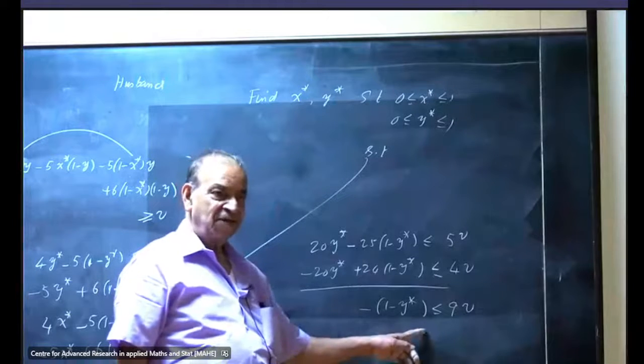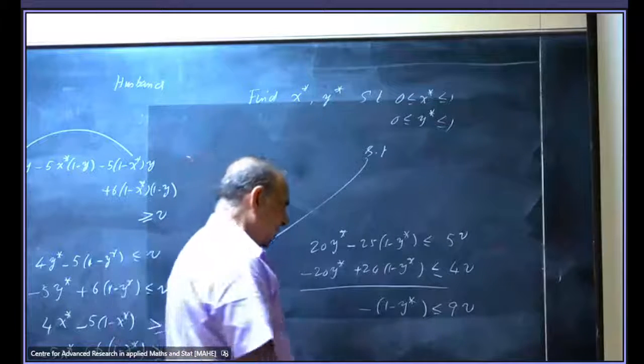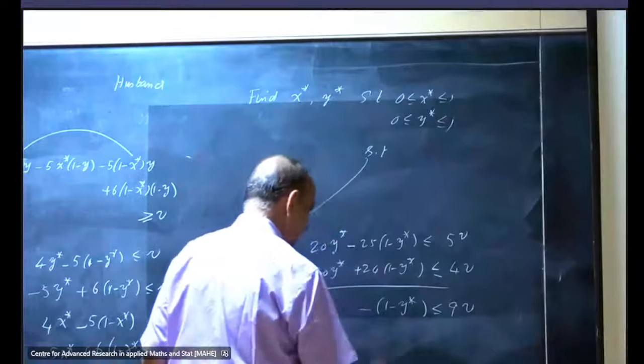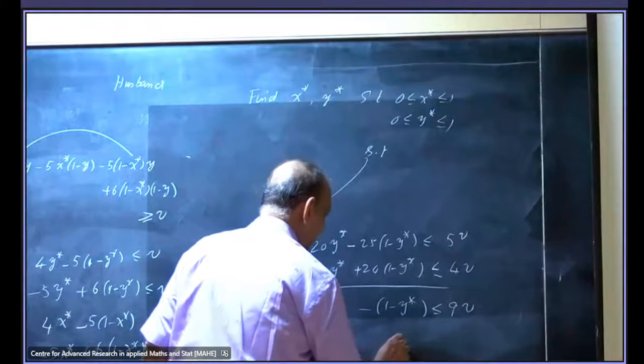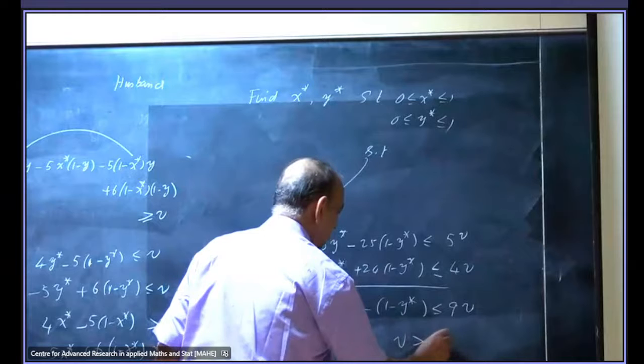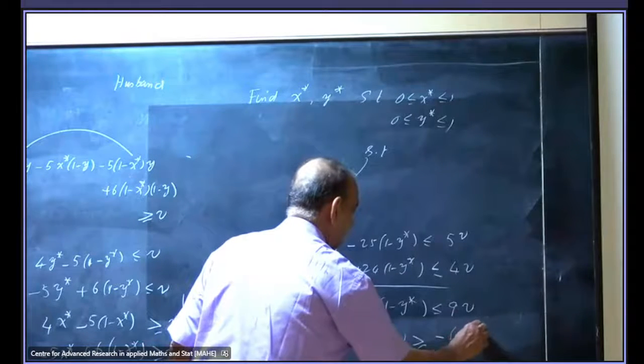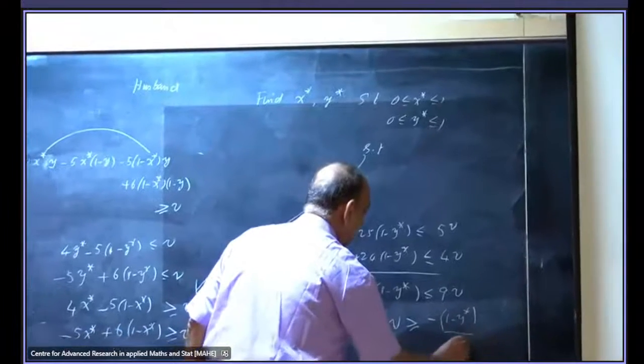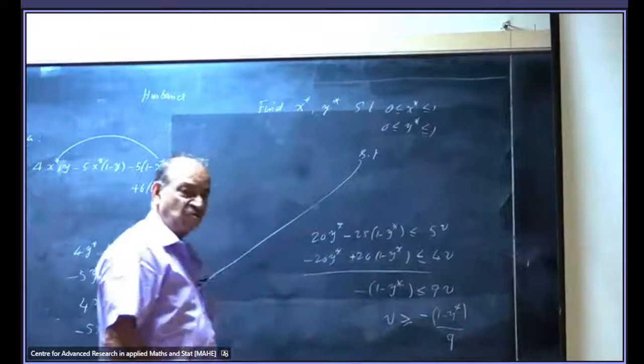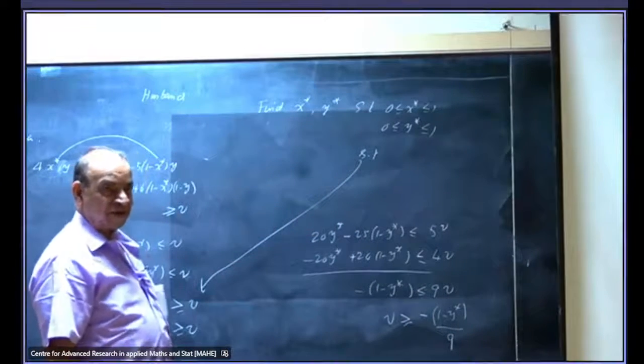So from this, you can get one condition: b must be greater than or equal to minus of that. That's all you know. Agree?